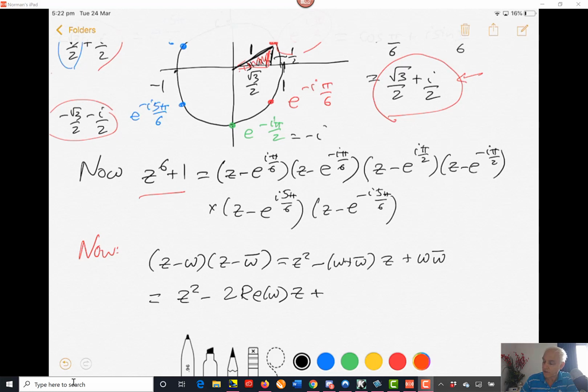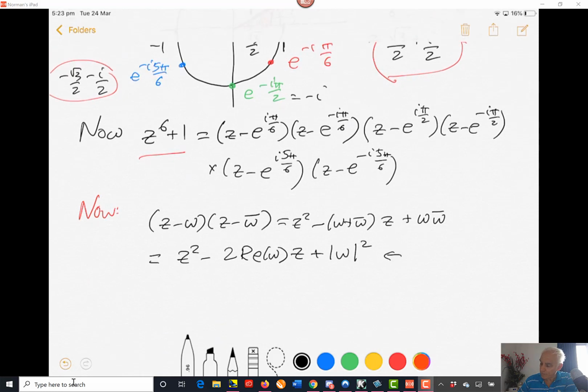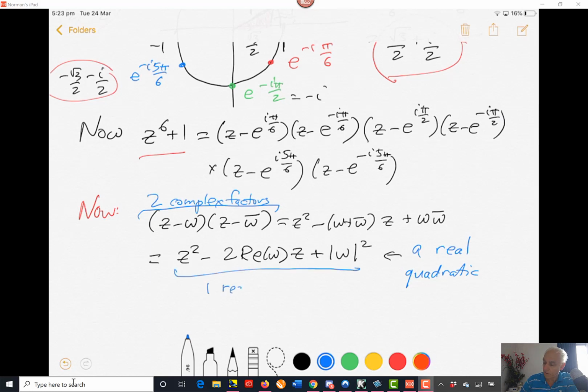And the final term, the constant term, can also be thought of as the modulus of w squared. And the point is, this is a real quadratic. In other words, the coefficients here are all real numbers. So what we've done is start with two complex factors corresponding to a complex conjugate pair, and we've obtained one real quadratic factor. So we can do this in general.